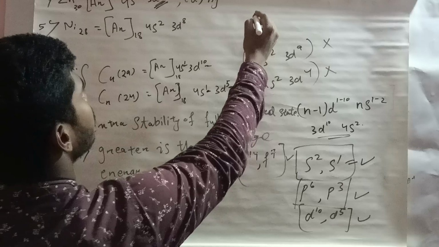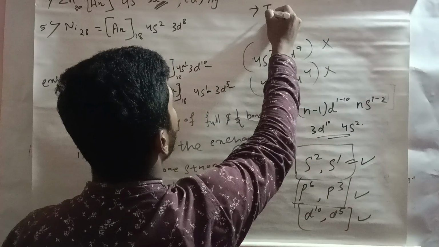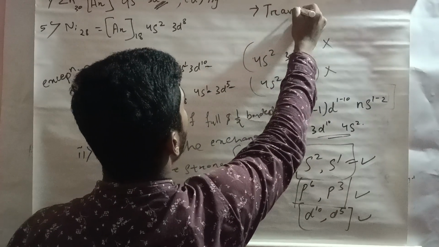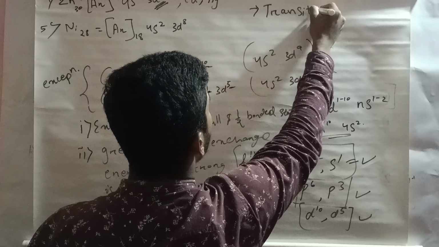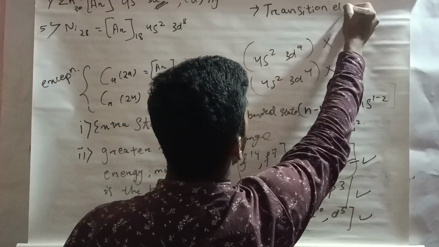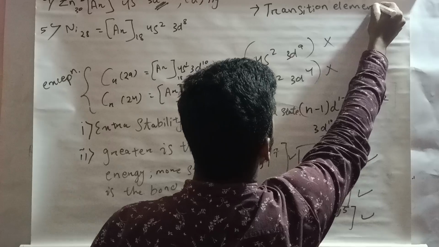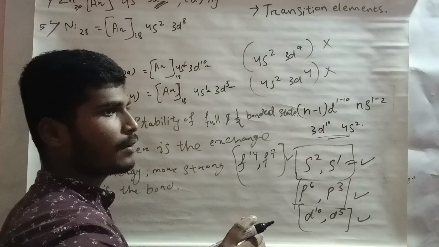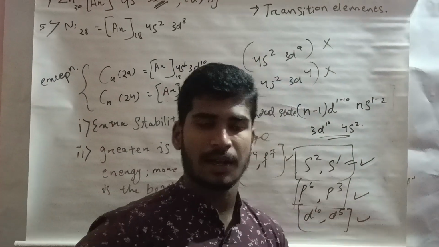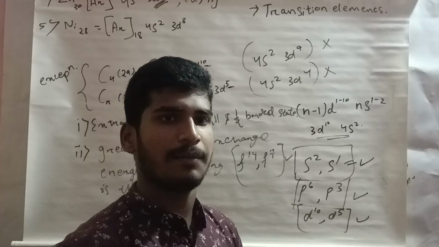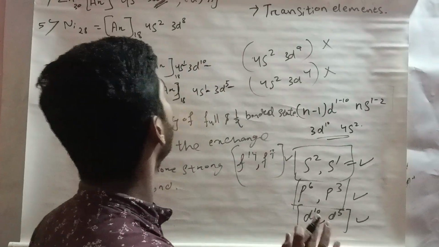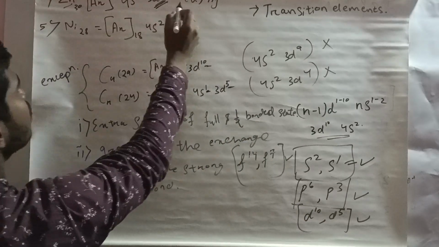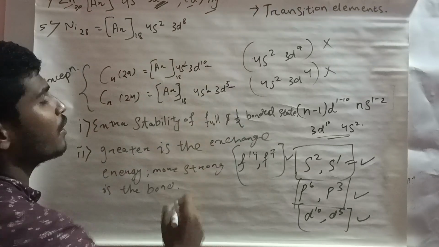All D block elements are known as transition elements except these three: zinc, cadmium, and mercury. Why?